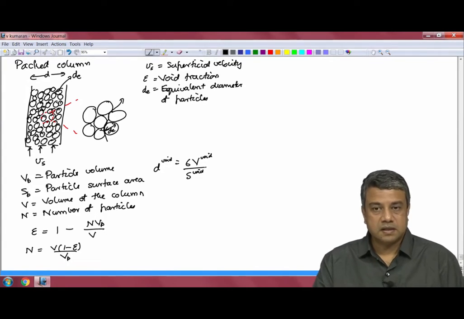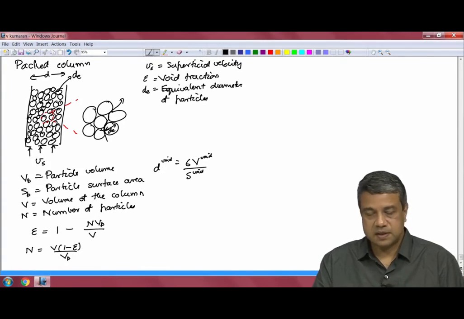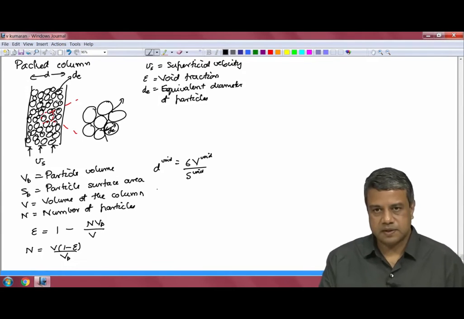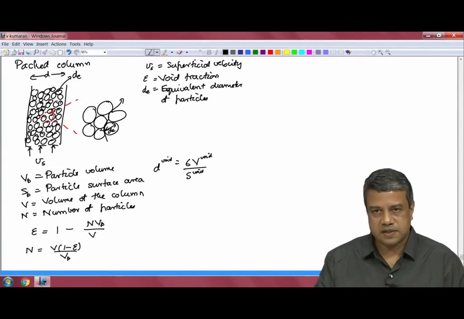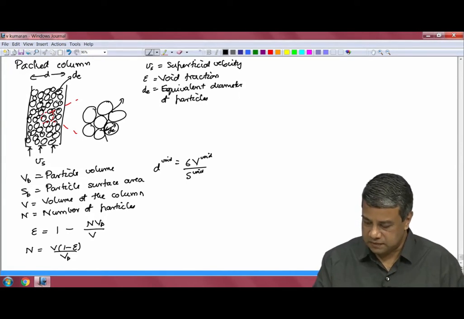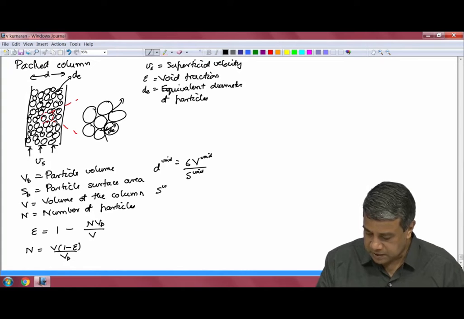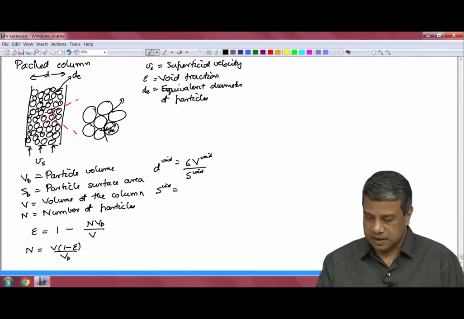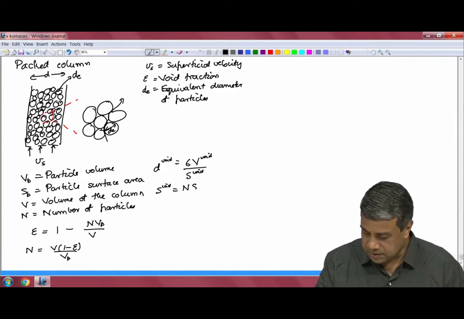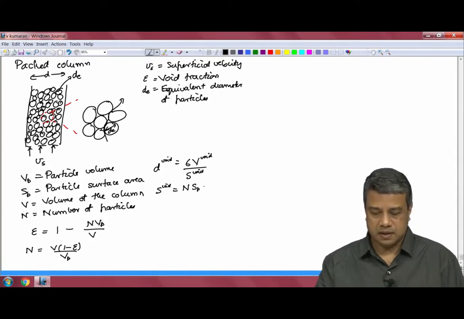The surface area of the voids is the same as the surface area of the particles, because at the interface between a void and a particle, on one side is the particle, the other side is the void. So, the surface area of void is the same as the surface area of the particles, which is n times the surface area of one particle.